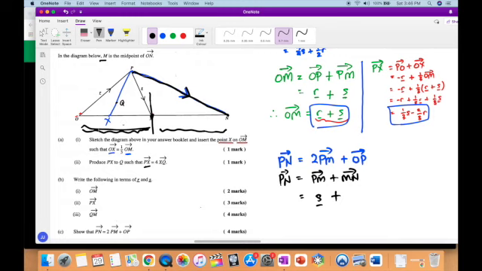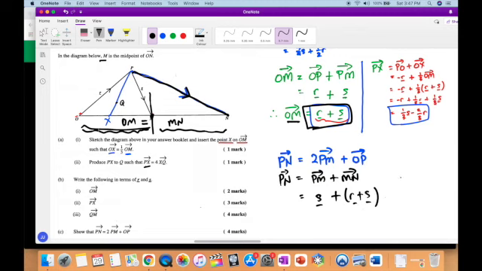So doesn't that mean that OM is equal to MN? You understand that, Scotia? Okay. So MN is actually just OM, which is R plus S. So MN is R plus S.